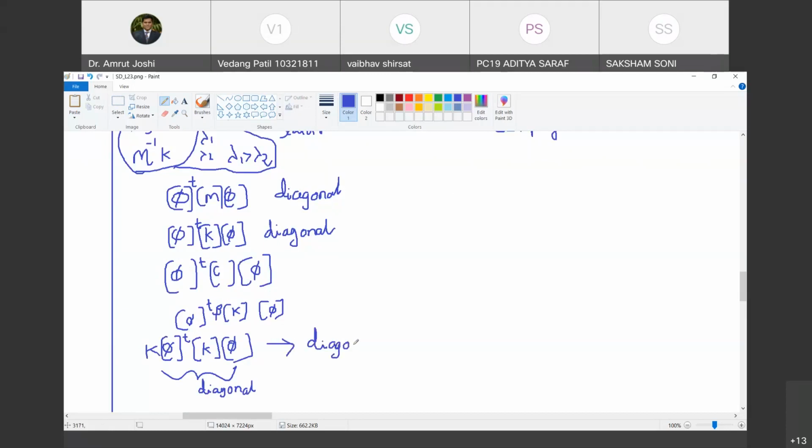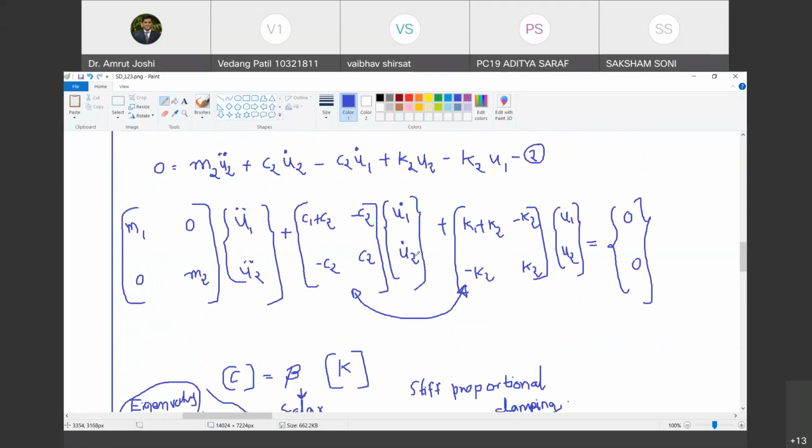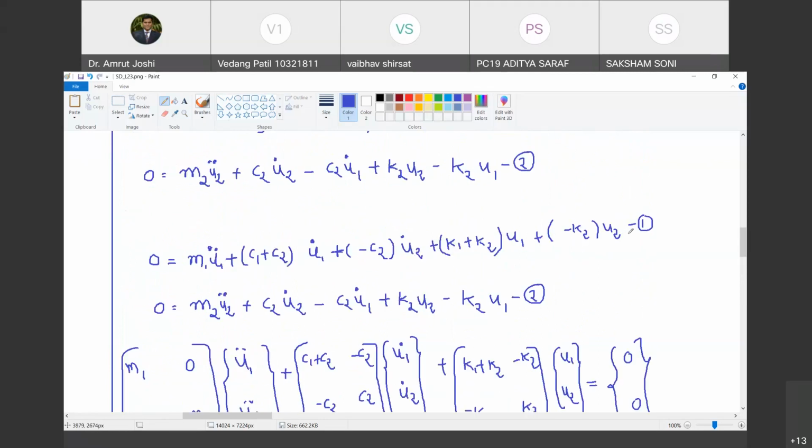Why are we hell-bent on having this matrix diagonal? Because in the current form, the equations of motion are coupled. In the first and second equations, you have u1 as well as u2. The moment all the matrices become diagonalized, these equations become uncoupled in the generalized coordinate system, and you can solve them as single degree of freedom systems.